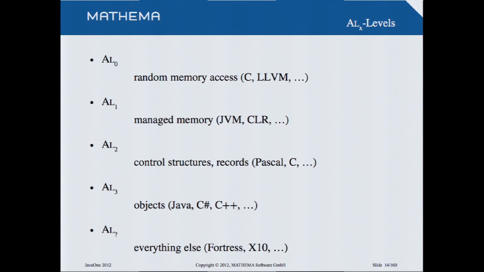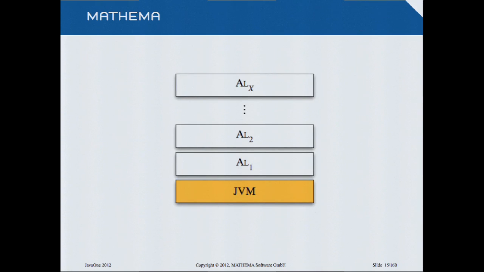So what we can do in the several levels is, especially in level 1, we have managed memory, and in level 2 we will have control structures, records, and so on, and in level 3 we will have object orientation, and so on. We have, of course, object orientation also in the level 1, but in a low-level manner. Okay, so it might look like this. We have the JVM at the bottom, and above that we write our code.